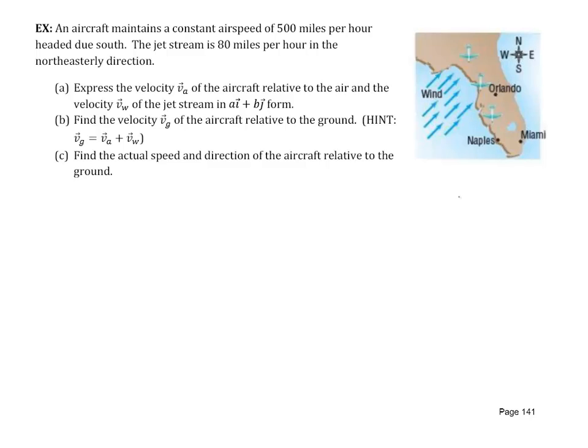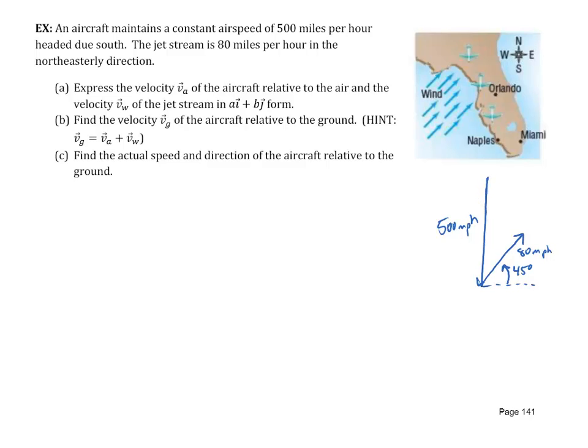So first of all, the plane is heading due south with a magnitude of 500 miles per hour. But the jet stream is moving 80 miles per hour in a northeasterly direction. Without any more details provided, we're going to say northeast is directly northeast, which means this makes a 45-degree angle with east, and it has a length of 80 miles per hour.